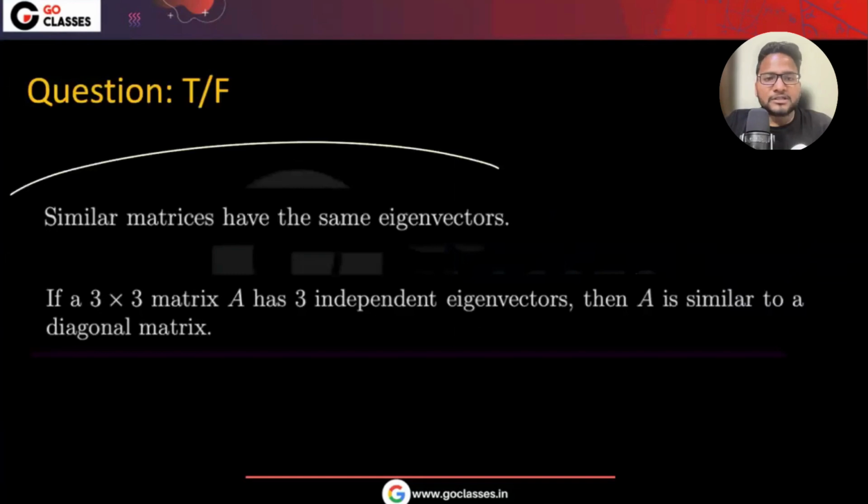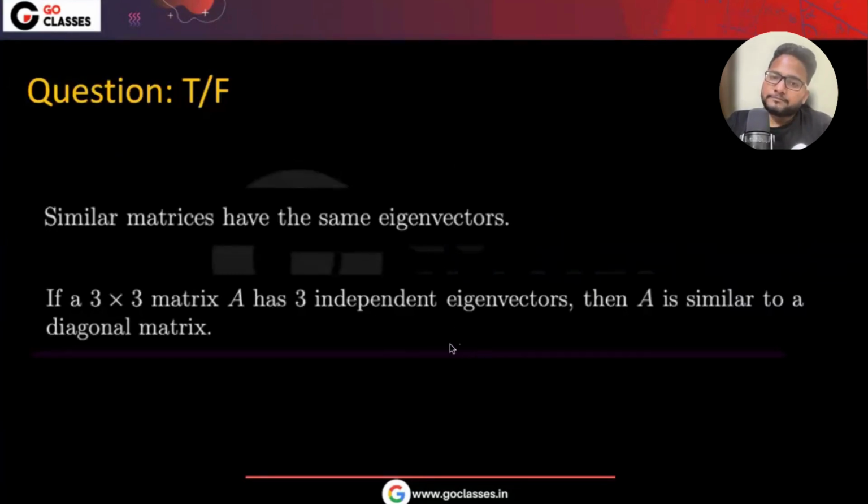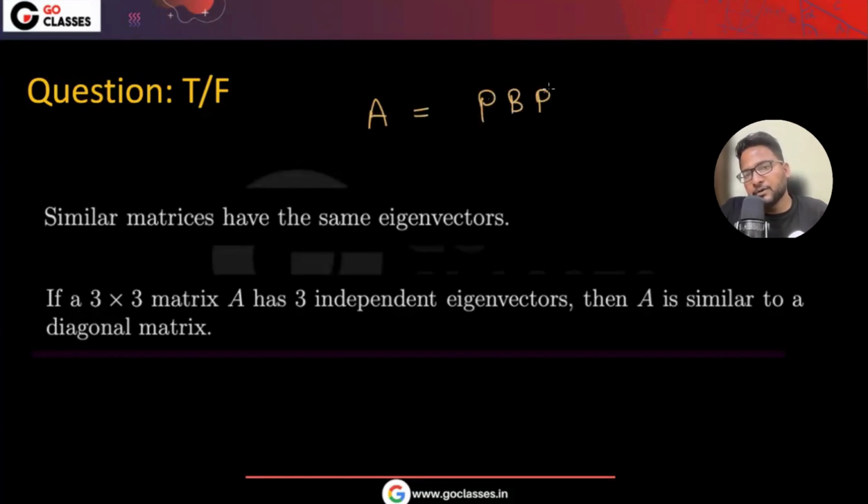Similar matrices have the same eigenvectors also? They have the same eigenvalues, but what about the eigenvectors? So for example, let's suppose A is similar to B, which means A equals P B P inverse, right?